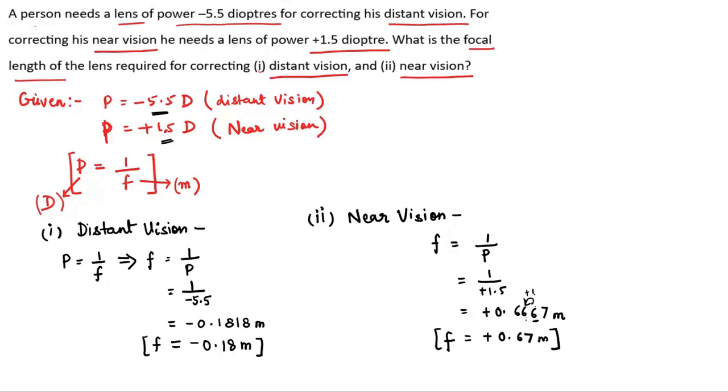So the positive sign means the lens is a convex or converging lens, and the negative sign means the lens is a concave or diverging lens. So sign convention is very important for these types of questions or numericals.